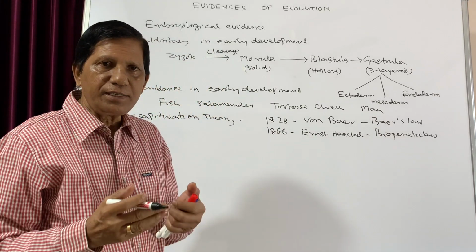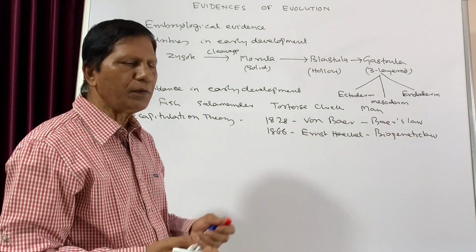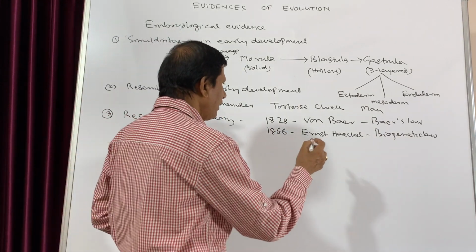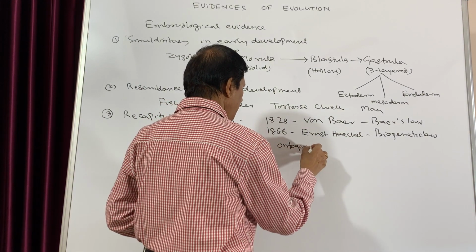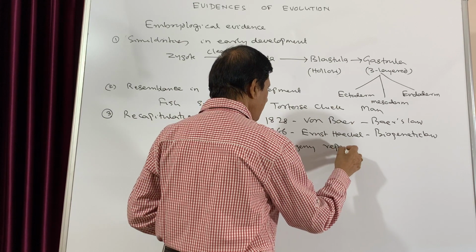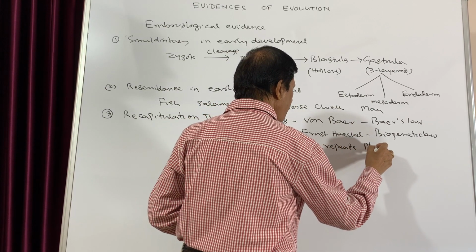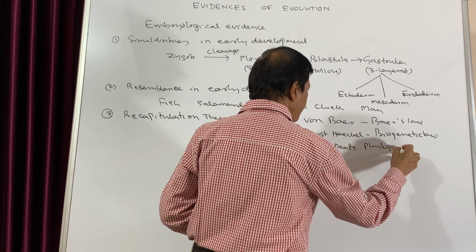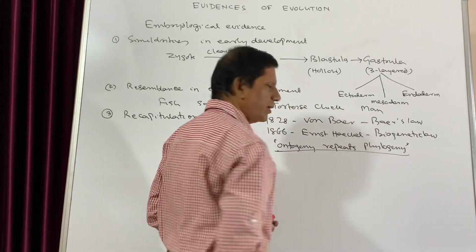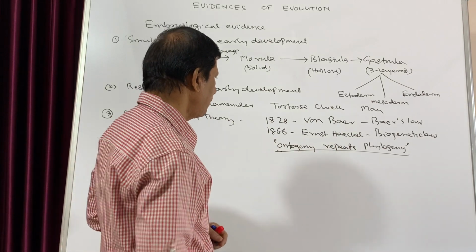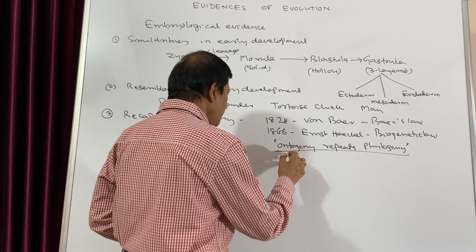And what is the meaning of this biogenetic law? It is very important from the examination point of view. Biogenetic law means ontogeny repeats phylogeny. Now what is the meaning of ontogeny?